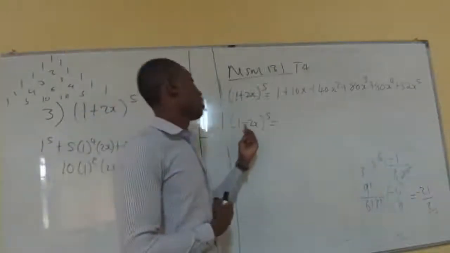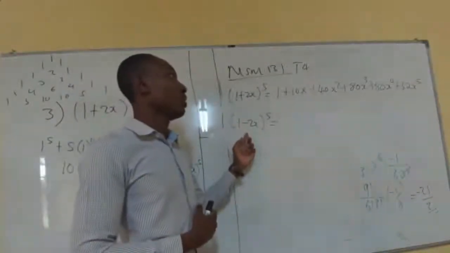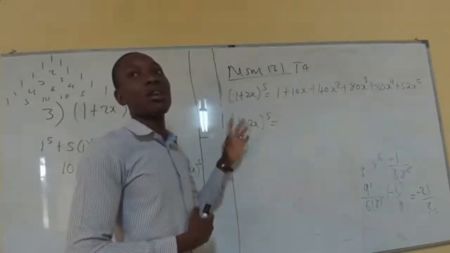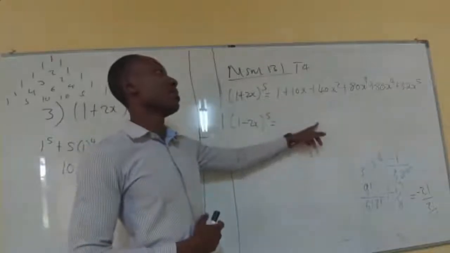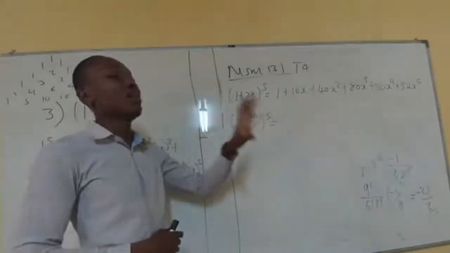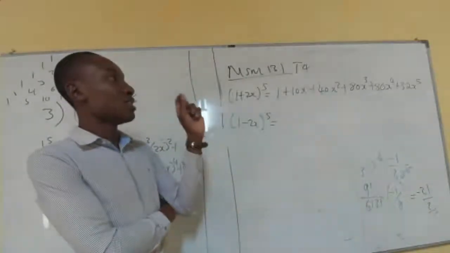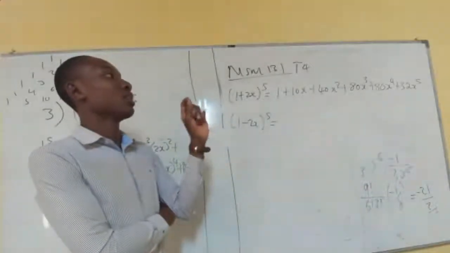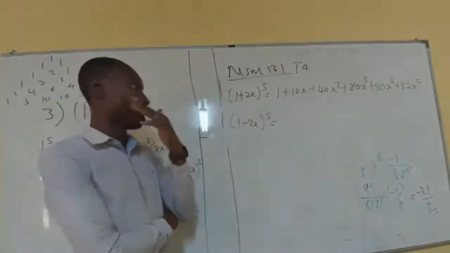We know that whenever a negative number is raised to an odd power, it remains negative. If the power is even, it remains positive. So I'm going to write the exact same thing, but wherever the power of x is an odd number, if it's not an even number, then automatically I conclude that it's negative.